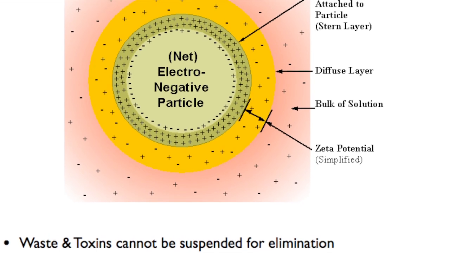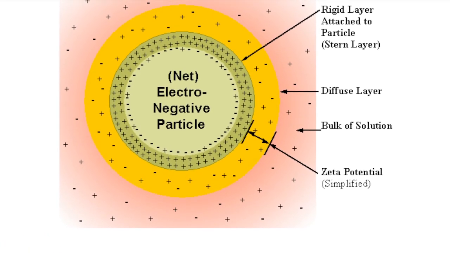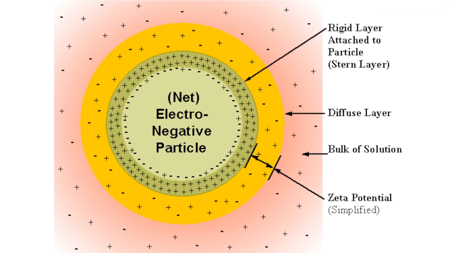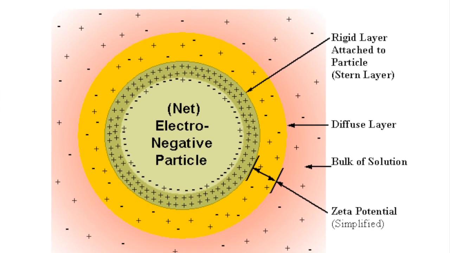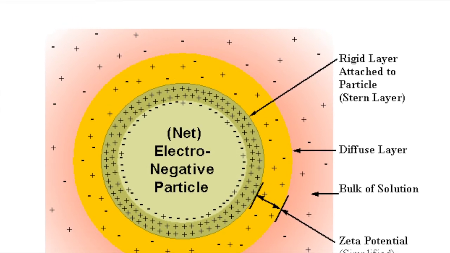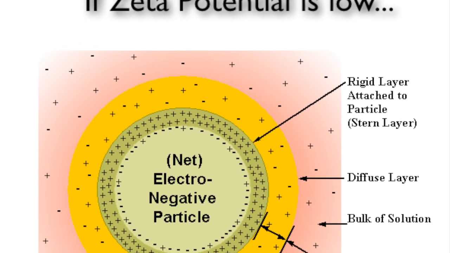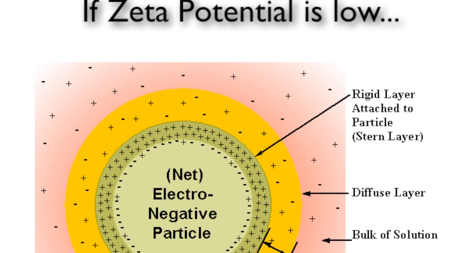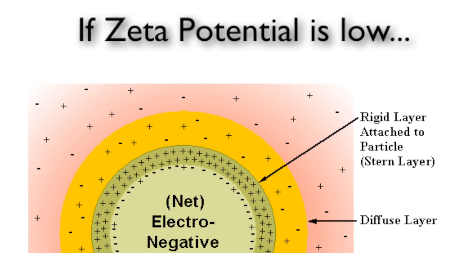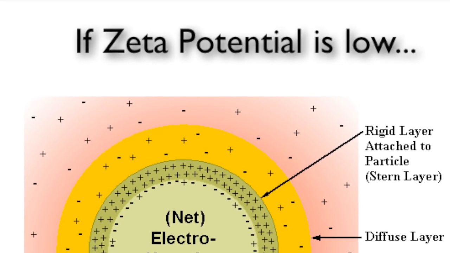Each colloid carries a like electrical charge, which produces a force of mutual electrostatic repulsion between the adjacent particles. If the charge is high enough, the colloids will remain separate, dispersed, and remain in suspension. Reducing or eliminating the charge has the opposite effect.